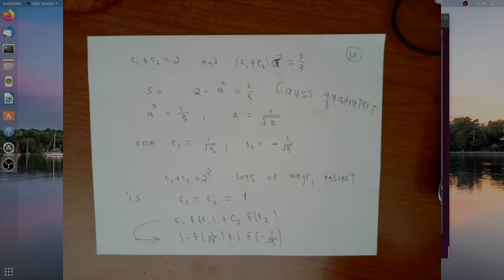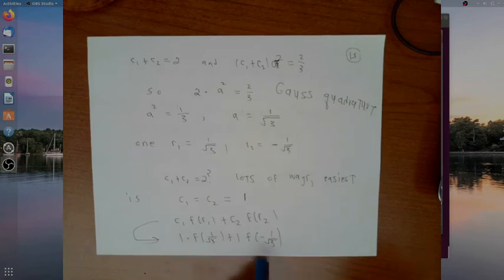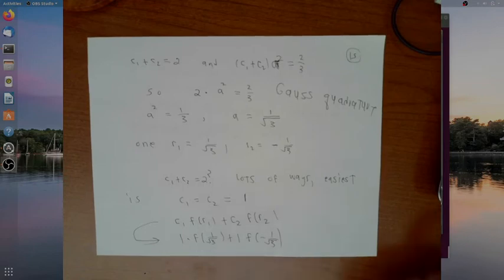So we now know C1, C2, R1, and R2. Our approximation method is C1 times the function at R1 plus C2 times the function at R2, 1 times f of 1 over radical 3, plus 1 times f of negative 1 over radical 3.